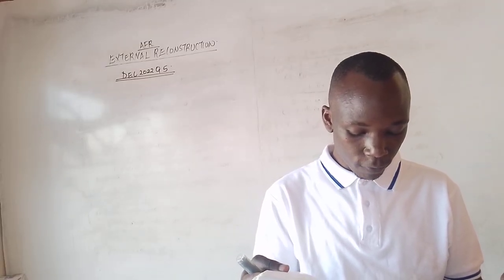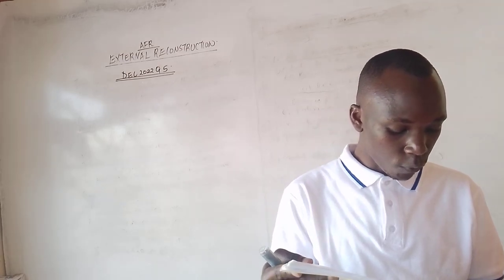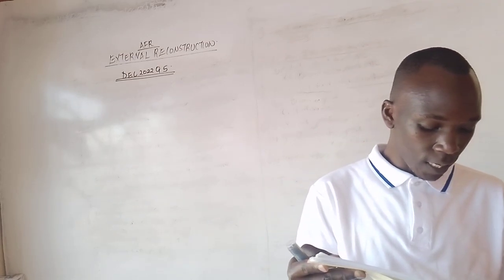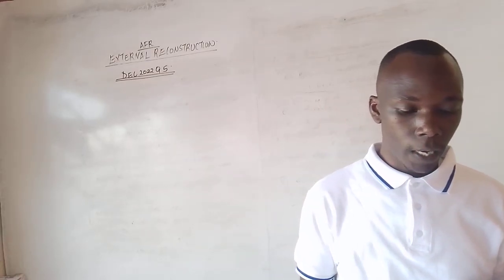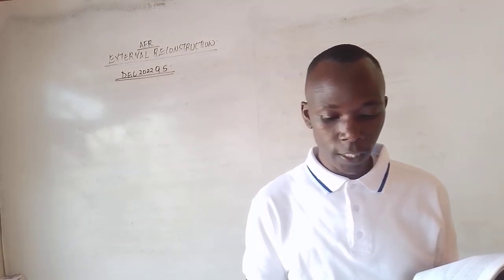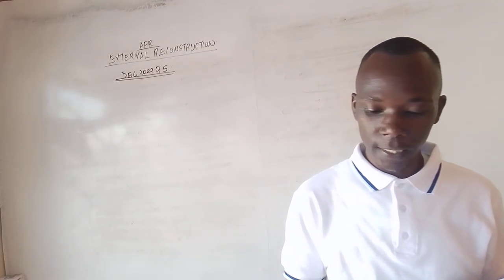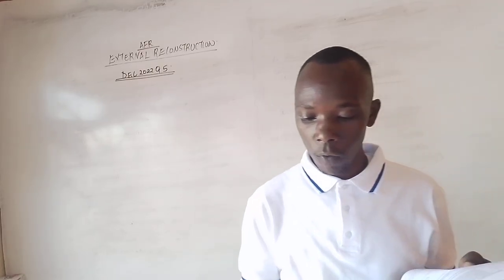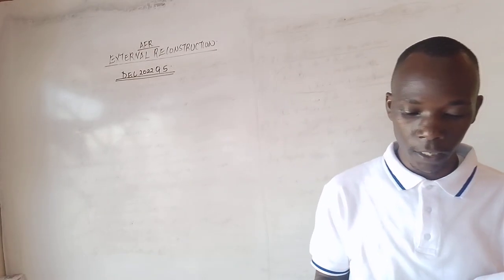Half of the preference dividend arrears were settled by issue of fully paid ordinary shares of shillings 10 each in Stawi Limited. Number 4, you are told that the new company also issued 3 new ordinary shares of shillings 10 each, credited at shillings 5 each for every 5 ordinary shares held in Taidi Limited.